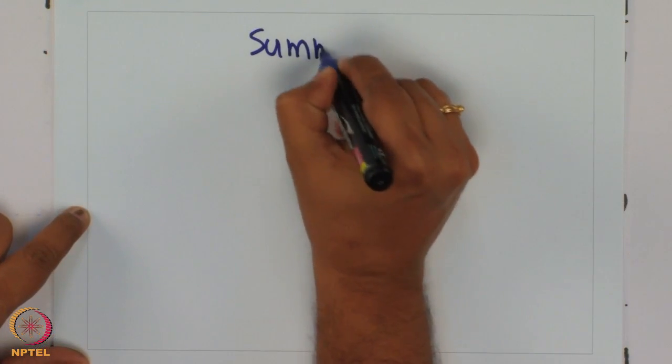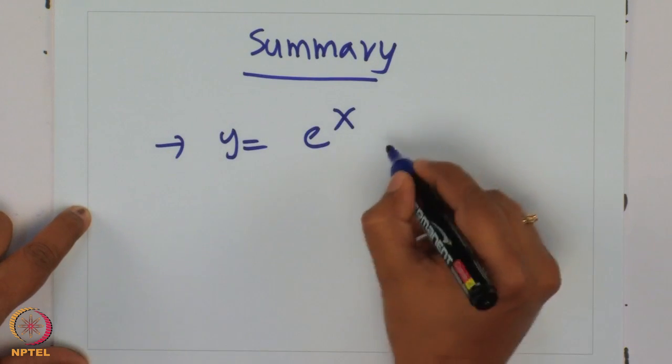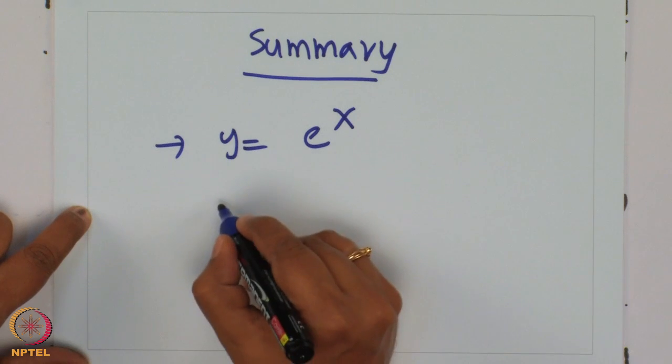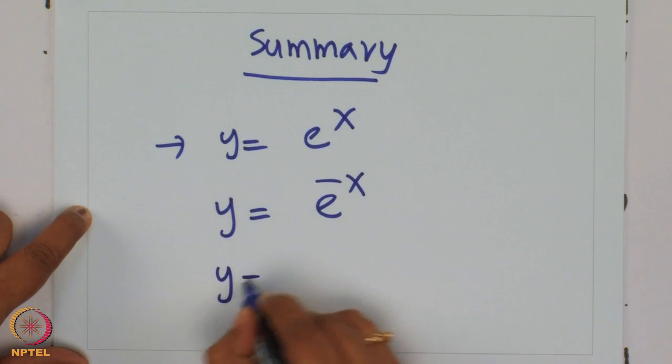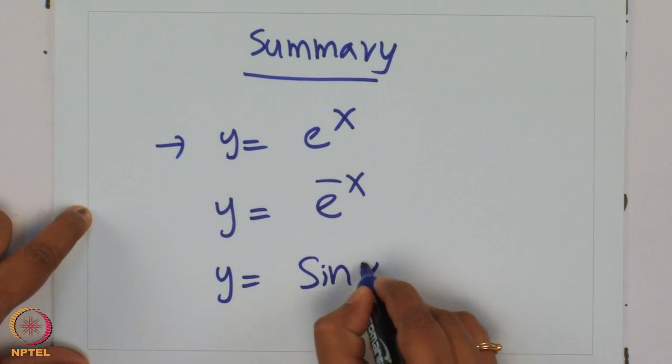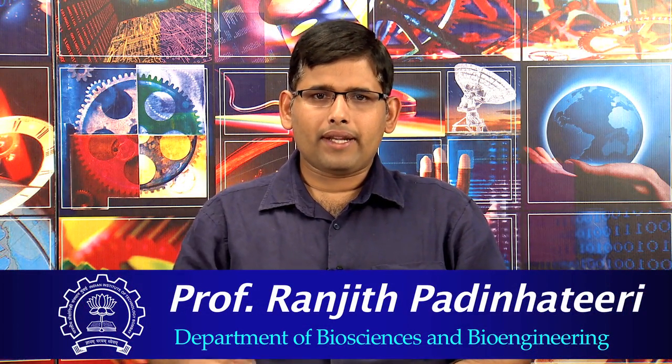So to summarize, we learned y is equal to e power x, this expansion, and then we learned y is equal to e power minus x, then we learned y is equal to sin x, which is an oscillating function, and we will learn a few more functions in the next lecture, and with that we will stop the various functions and we will learn more things in the coming lectures.